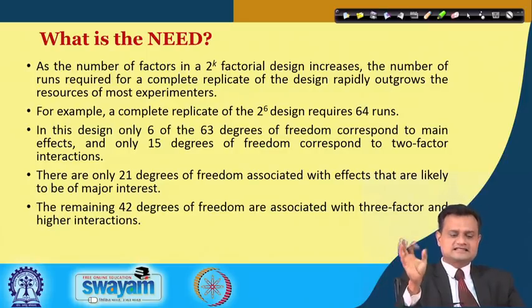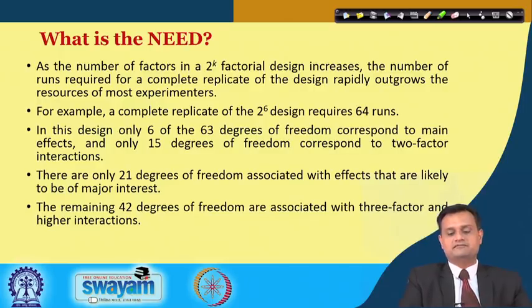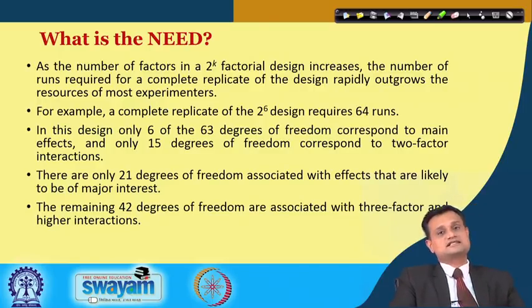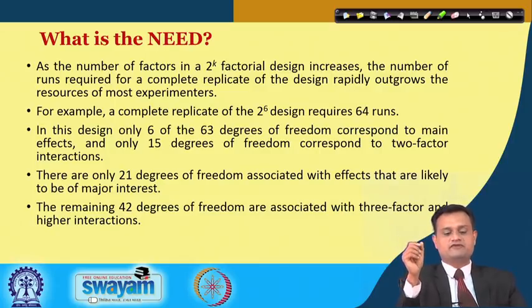Now in this design, 6 of the 63 degrees of freedom correspond to main effects. So basically you have a total of 64 runs, and if I subtract 1, I will have a total of 63 degrees of freedom.